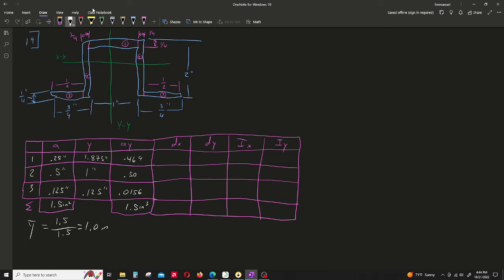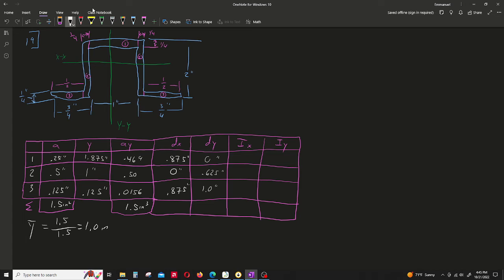All right, so our D value for the X direction for the first is 0.875. This is 0. This is another 0.875. Again, these are in inches. D value in the Y direction, though, is 0, 0.625, and 1.